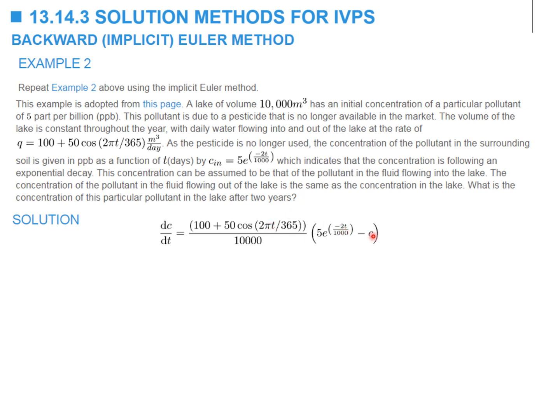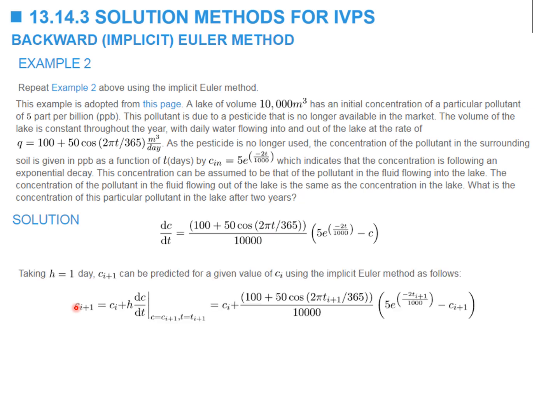So t appears, and the concentration itself appears as well. So the rate is a function of the concentration and of t. So using the implicit Euler method, if we assume that the time increment h is equal to 1, we can find c sub i plus 1 as equal to ci plus h multiplied by the rate.